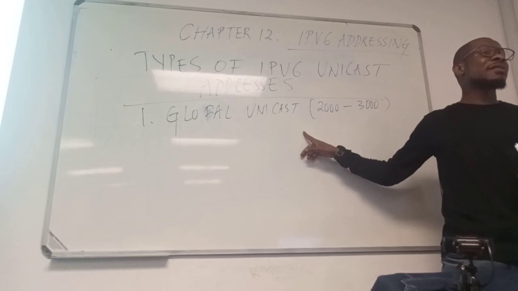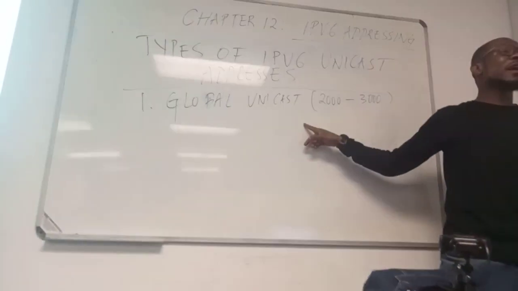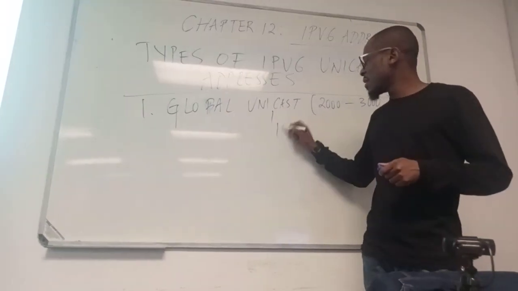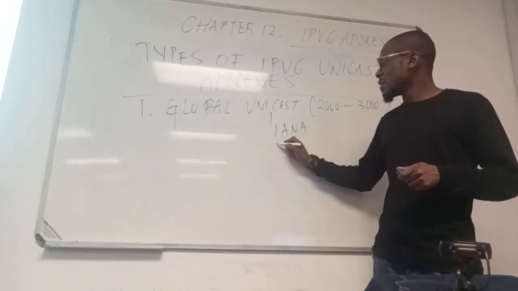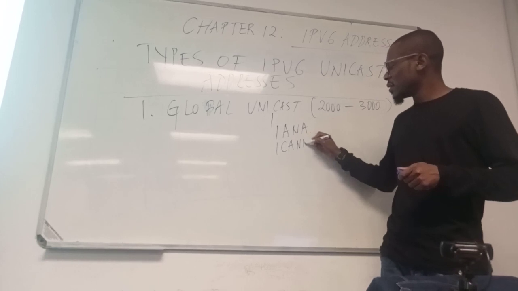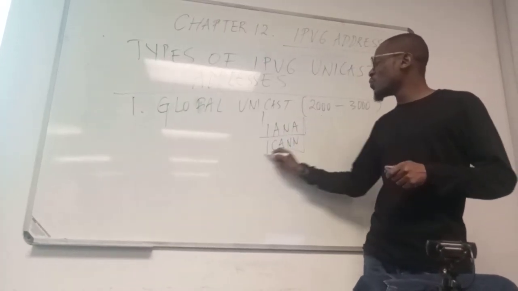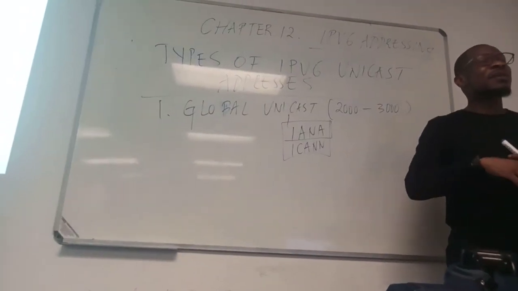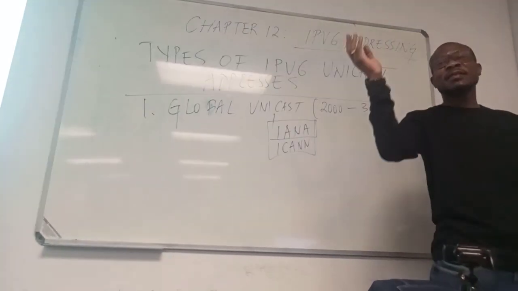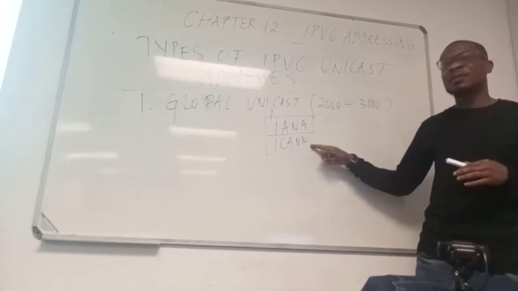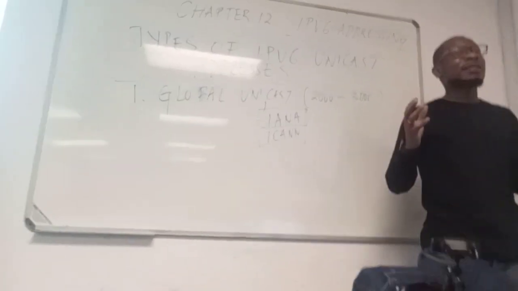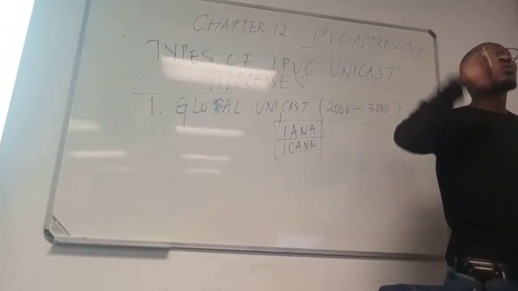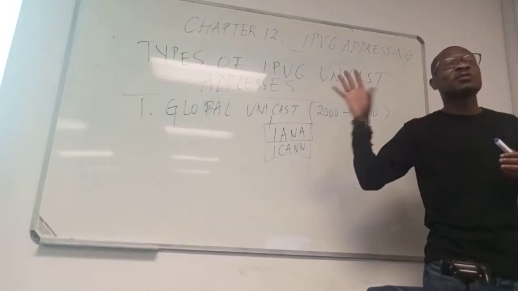And this IP address, you are going to get them from some of the organizations, right? One of them is Ccna. There's another one. So those two, their job is to assign IP addresses to providers like telecom, Ccna, and so on, right?